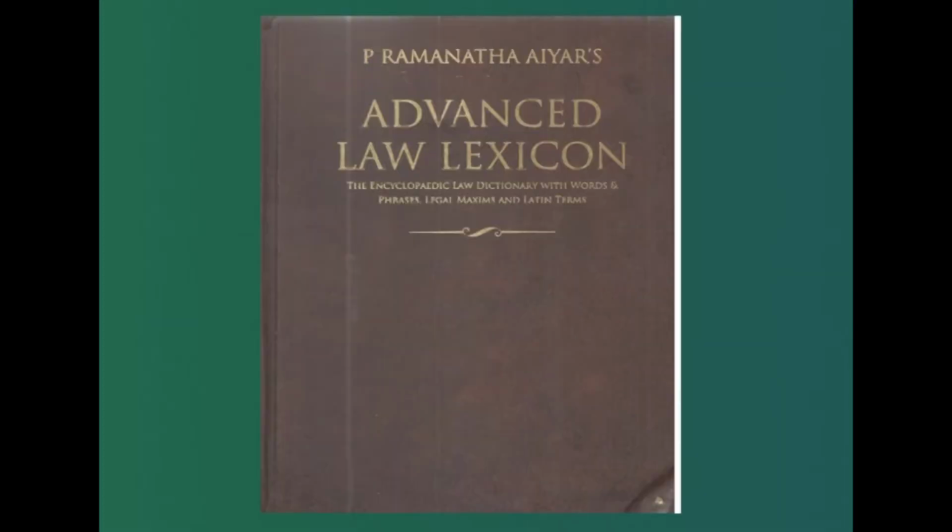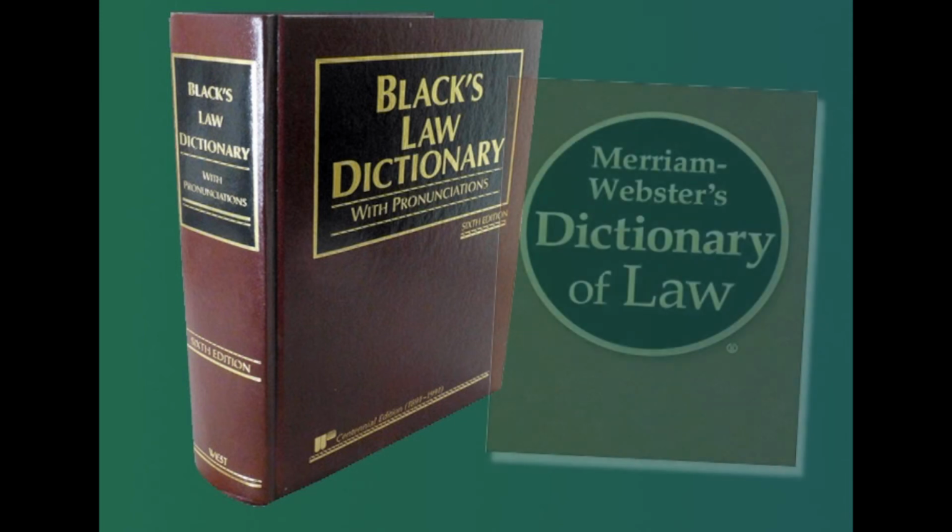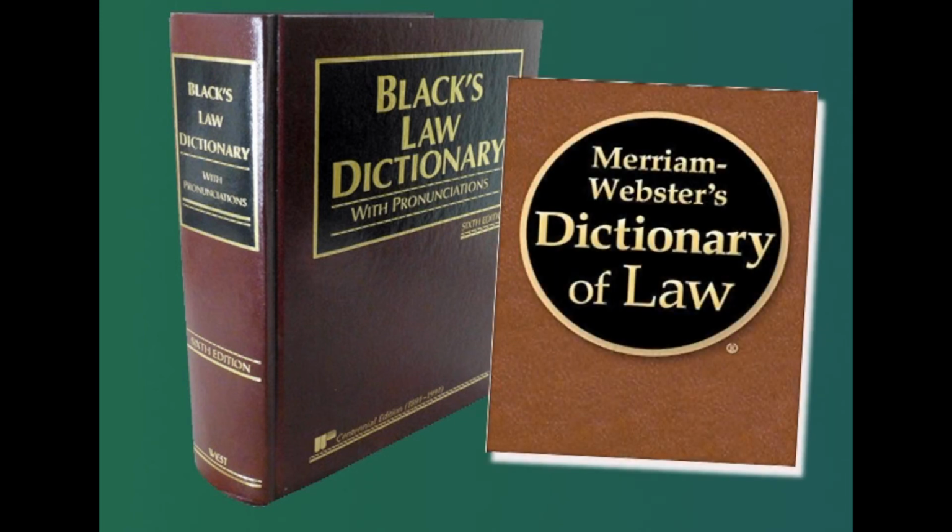Then the law lexicons like Ramanatha Iyer's Law Lexicon also provide a lot of legal information and cross references to various judgments. Then the legal dictionaries like the Black's Law Dictionary or Webster's Law Dictionary also give abundant literature on various concepts, case laws, and the position in other countries.